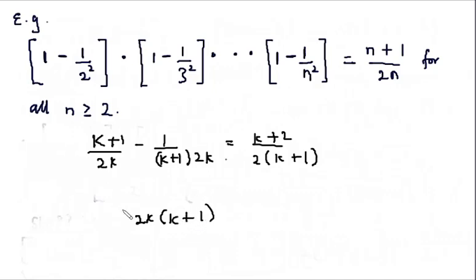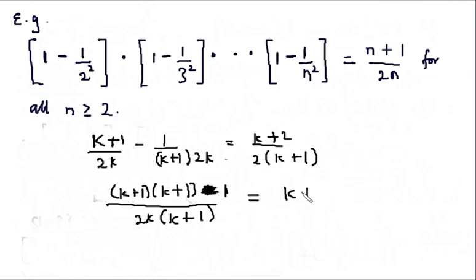Okay, so this is k+1, and then 2k(k+1) divided by 2k is k+1, times the already existing k+1 there. So this divided by this is nothing, so it's 1 basically. So plus 1 minus 1, minus 1, and then this is equal to (k+2)/(2(k+1)).